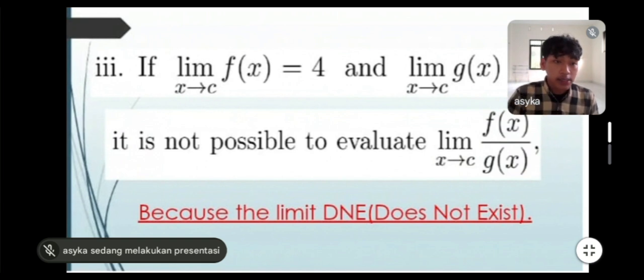And another example, if limit x approaching c f(x) equals 4 and limit x approaching c g(x) equals 0, it is not possible to evaluate limit x approaching c of f(x) over g(x) because the limit doesn't exist, because g(x) is 0.